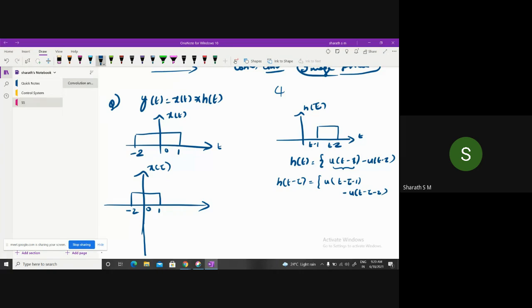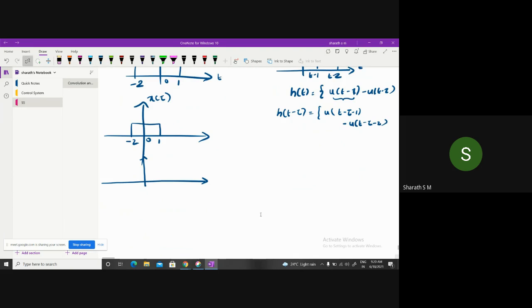For the first case, the two signals should not overlap. So what should the limit be? T minus 2 and this one is t minus 1.